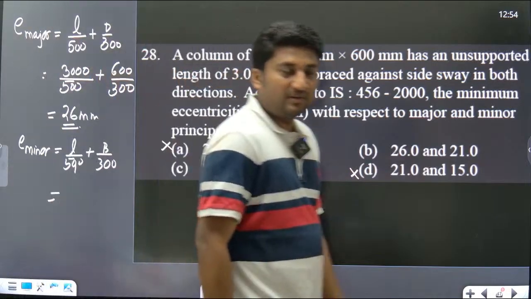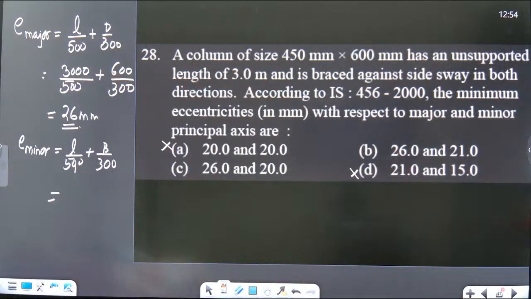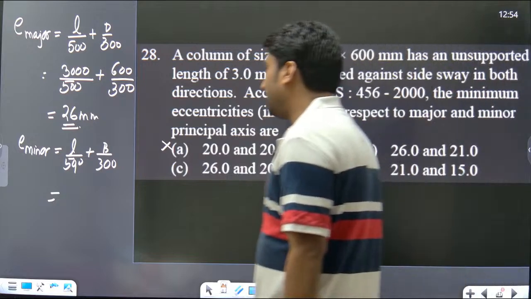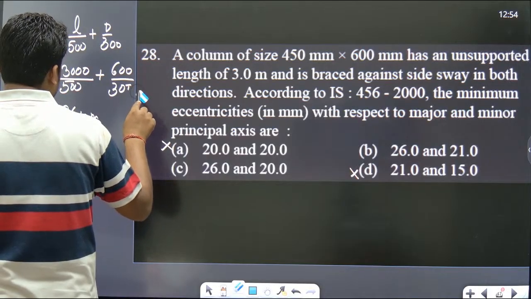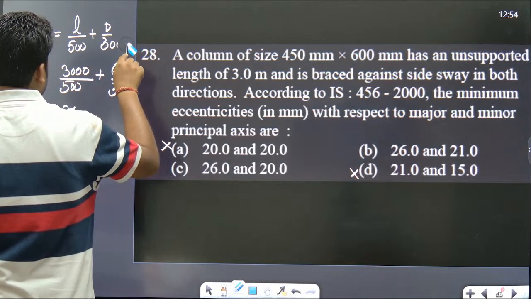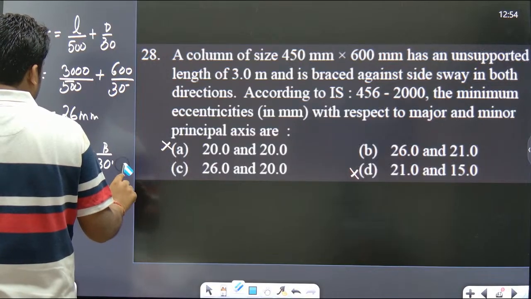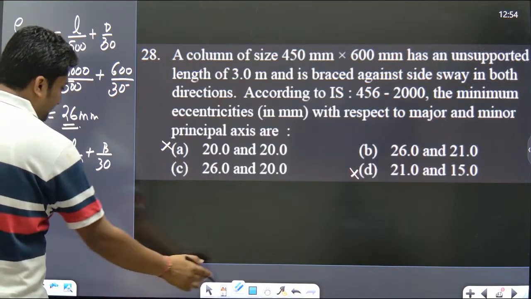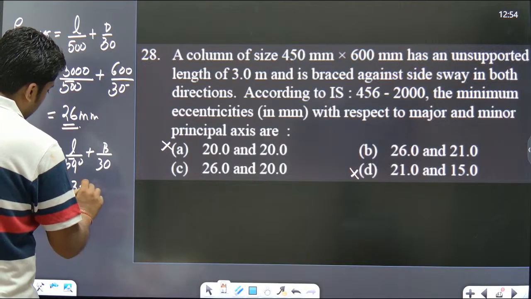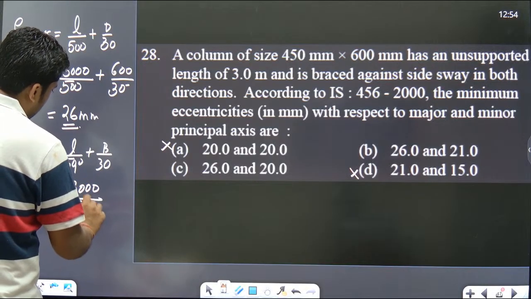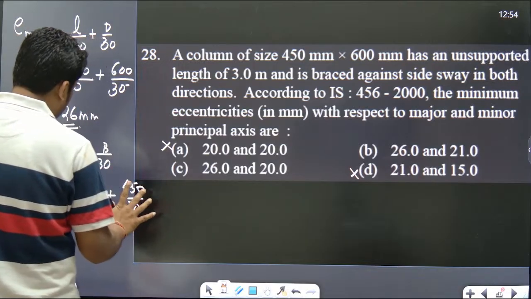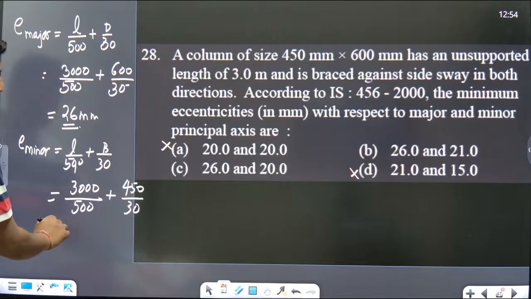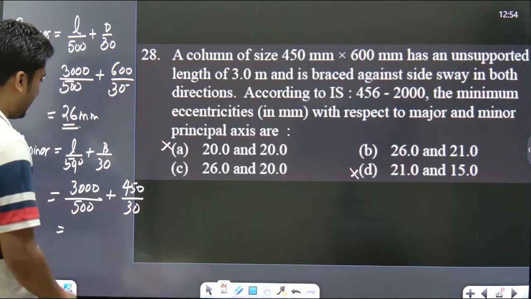So here the answer will be 3000 divided by 500 plus 450 divided by 30, which is 6 plus 15, that is 21.